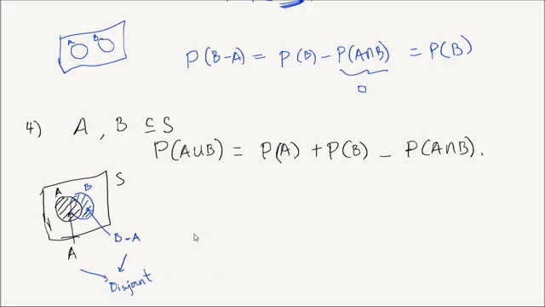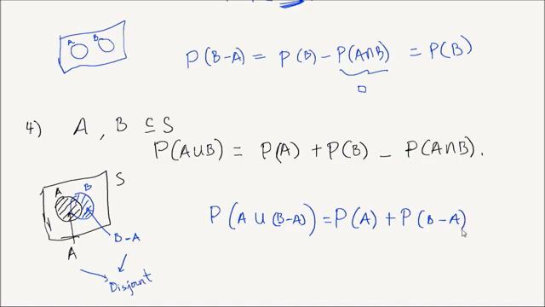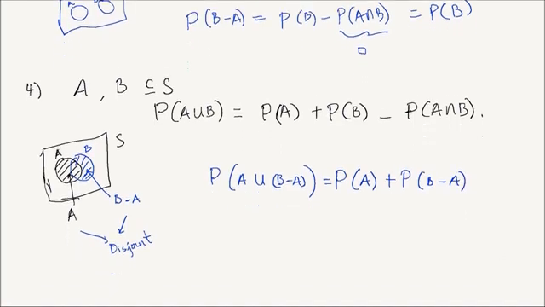And by axiom number 3 again, if two sets are mutually exclusive or disjoint, then the probability of their union is the sum of the probabilities. Therefore, the probability of A union B minus A is equal to the probability of A plus the probability of B minus A. That is axiom number 3.